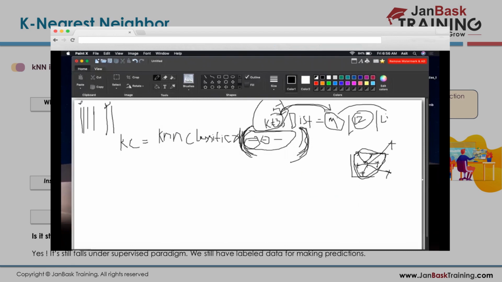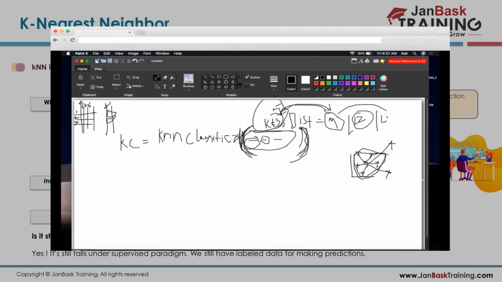Assume this is x1, this is x2, this is x3. These features are there, and these are the records. This is the first person or first record, this is second, this is third, and like that, based on these, the y values are also given.